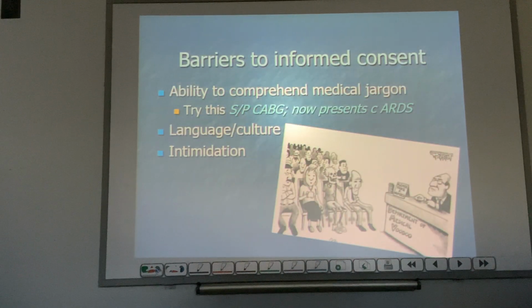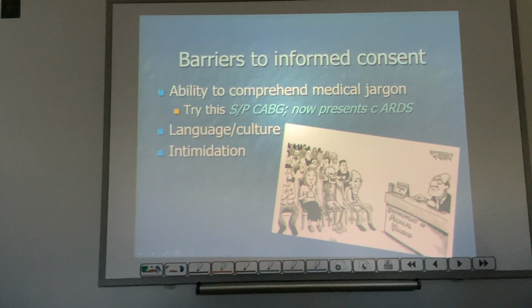Now, we know we encounter all various types of patients, so there are potential barriers to obtaining these informed consents, and these are some examples. One main one is primarily language. We know all of our forms are going to be in English, but if that individual does not understand English very well, or that's not their primary language, you may need to have somebody translate that form.